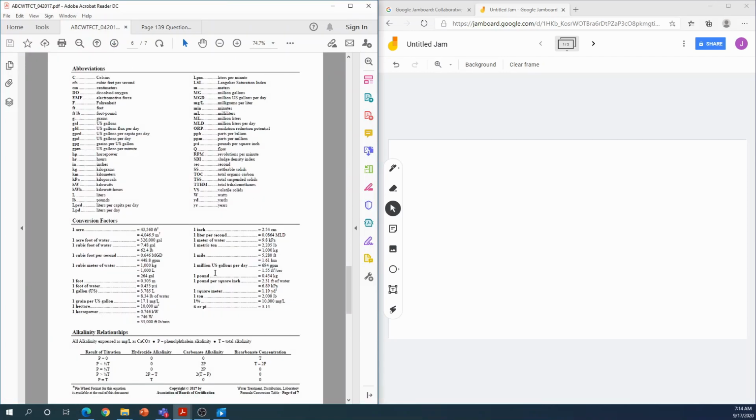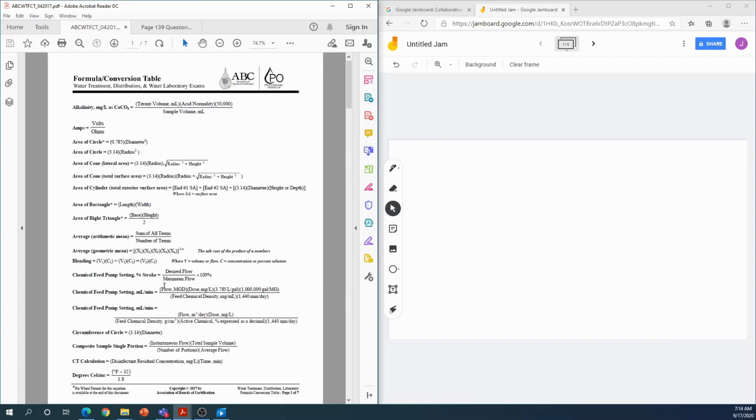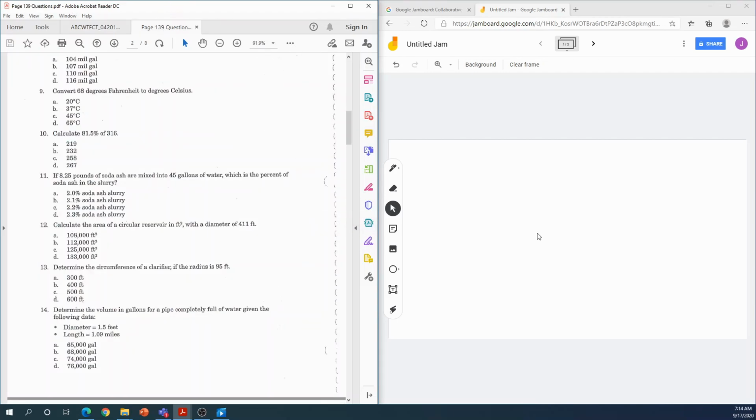So we can come back over to our cheat sheet here, and we can look at the area of a circle. 0.785 times our diameter squared.